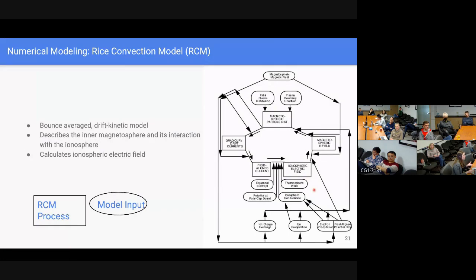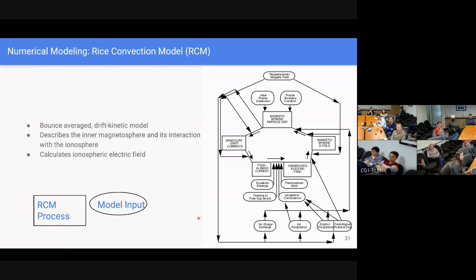If RCM was running on its own, these would typically be empirical models. But in this case, since it's coupled to SAMI3, SAMI3 is giving some of these inputs. So for my ionospheric electric field, we can map that back out to the magnetosphere, give the magnetospheric electric field, step our particle distribution forward in time, and we're back to the magnetospheric particle distribution.